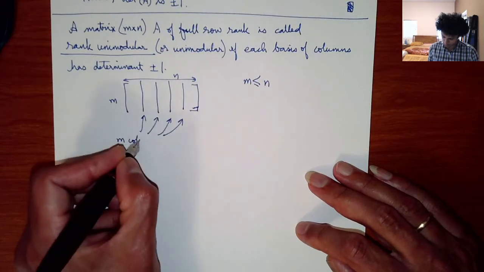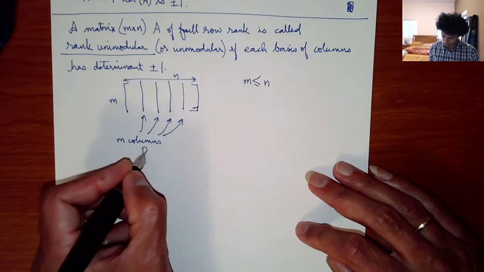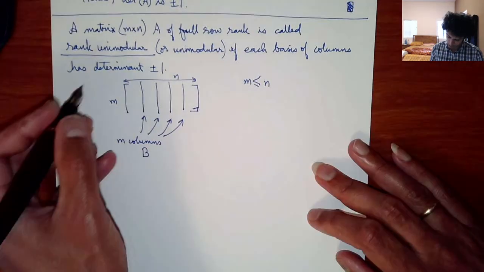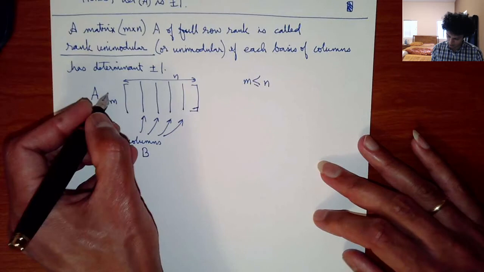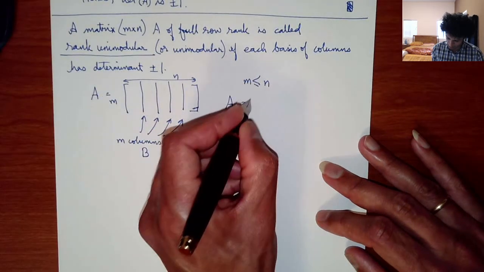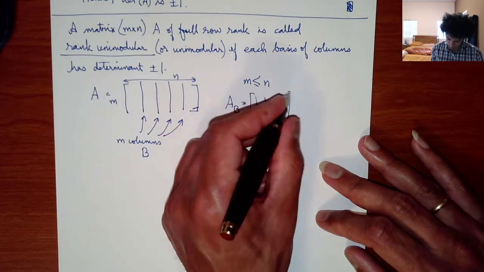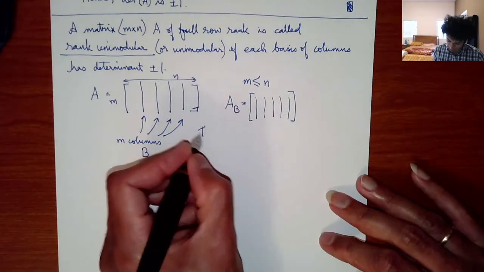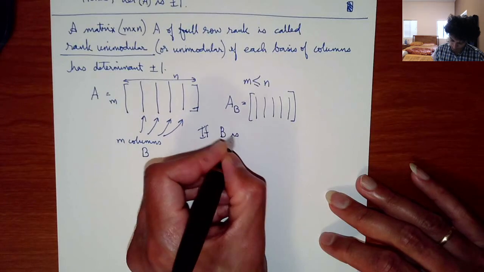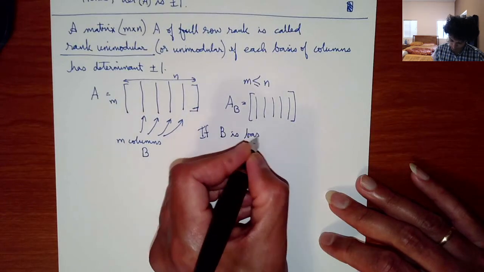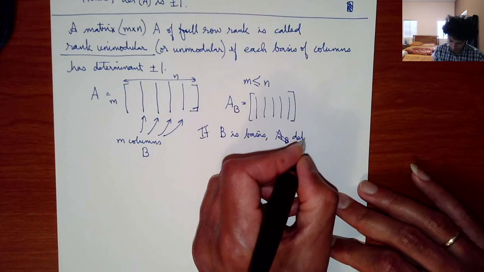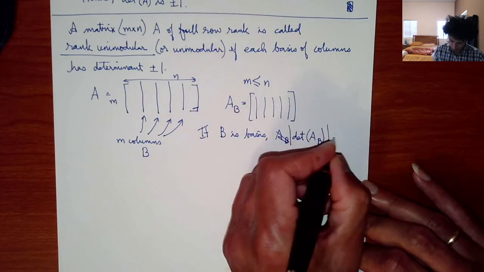I'm going to call these columns B, and the submatrix A sub B. What we're saying is that if B is a basis, then the determinant has absolute value 1.